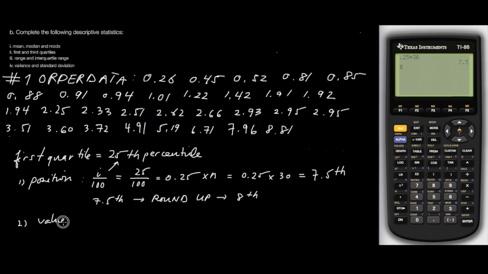And so our value will be at the 8th position, and that is 1, 2, 3, 4, 5, 6, 7, 8, right here. So the 8th position value is 0.94.